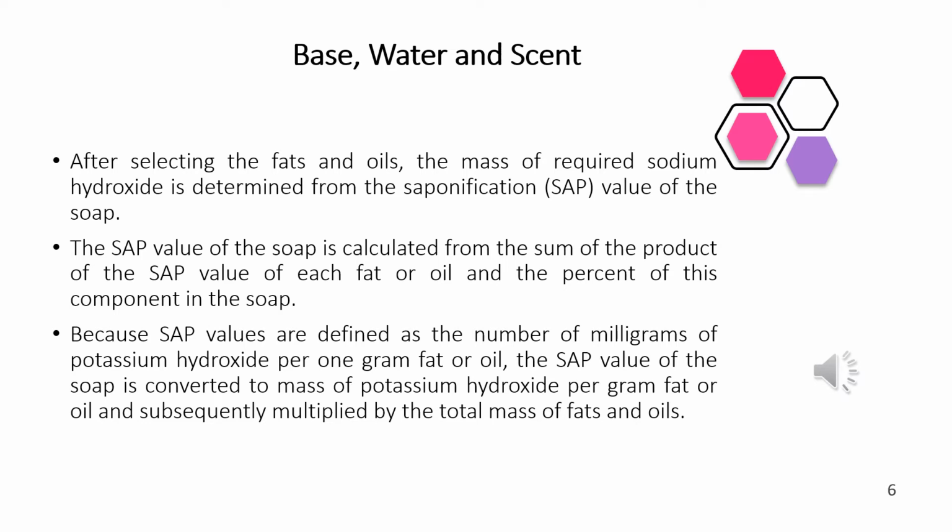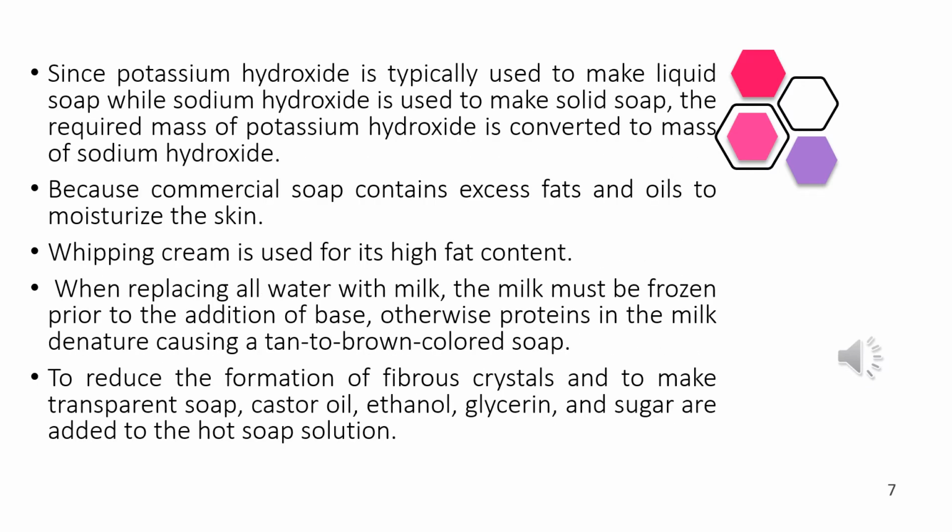The SAP value is converted to the mass of potassium hydroxide per gram of fat or oil, and then it is multiplied by the total mass of fats and oils. Since potassium hydroxide is typically used to make liquid soap, while sodium hydroxide is used to make solid soap, the required mass of potassium hydroxide is converted to mass of sodium hydroxide.